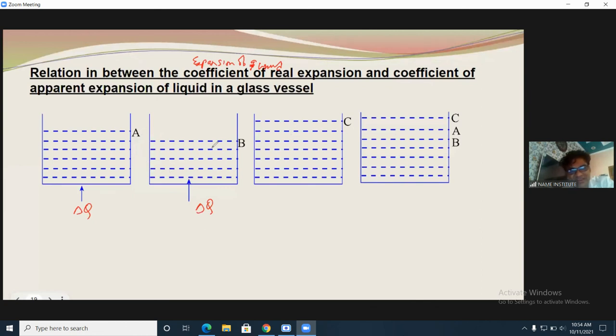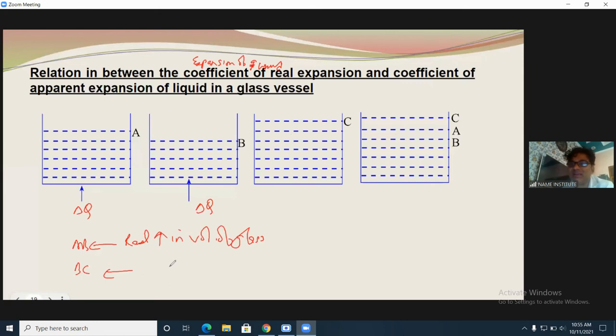What is this AB here? AB is the real increase in volume of glass. And what about BC?